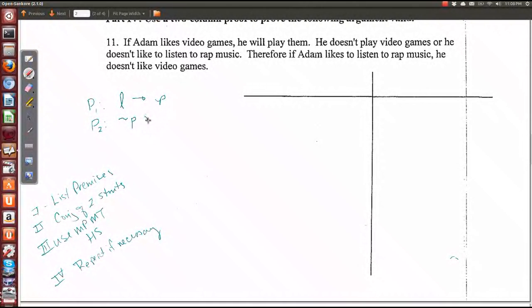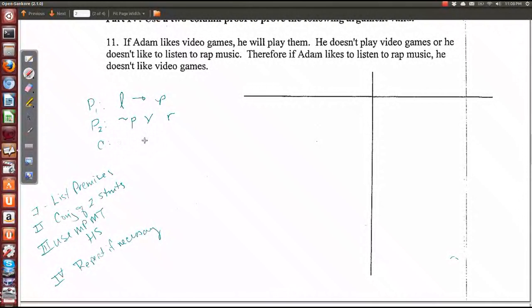Or, disjunction. He doesn't like to listen to rap music. I'll let the letter R represent doesn't like to listen to rap music. And then I see therefore. That's my conclusion.